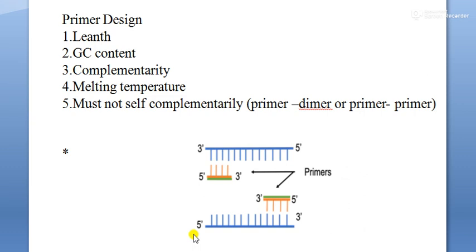They can combine. So we have to avoid this. In the case of melting points, if the primer has a higher melting point than the DNA, it would be problematic for this PCR technique. So we have to take care about the melting temperature of this primer, right?